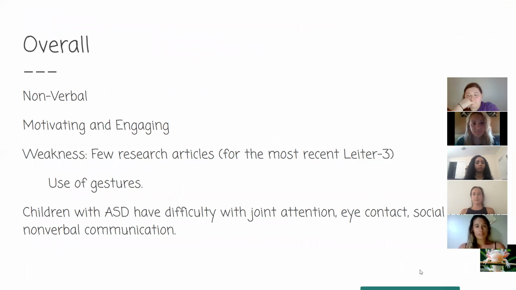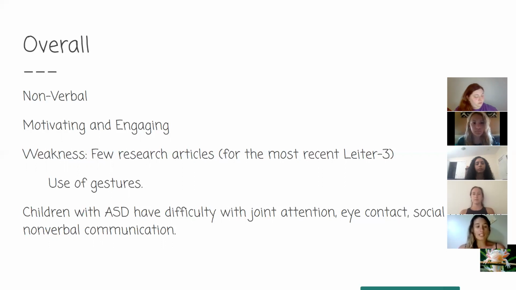Just a quick overall review of some of the points that we've made. The Leiter-3 is a great test, being nonverbal. It's motivating and engaging, using the picture cards, the colorful pictures and blocks that are involved. Two of the big weaknesses that we found for the Leiter-3 specifically was that there wasn't a lot of research being posted and reviewed just on the Leiter-3, but we did find quite a bit for the original Leiter and the Leiter-R. And a lot of those aspects were brought into the Leiter-3, which is great.